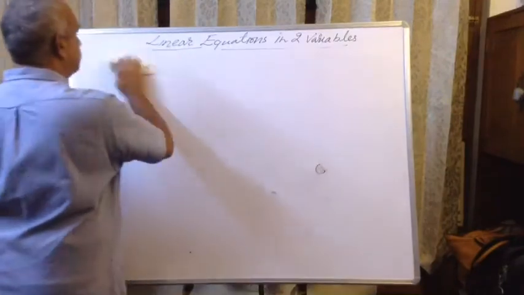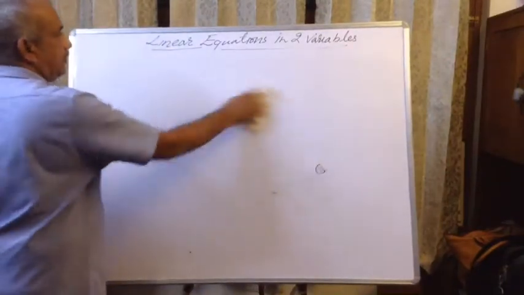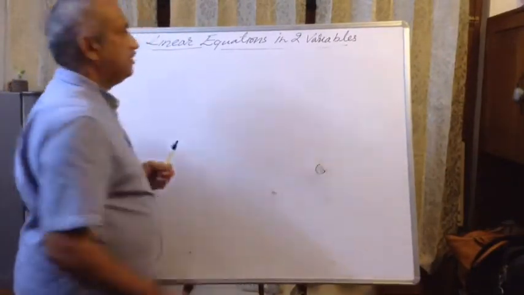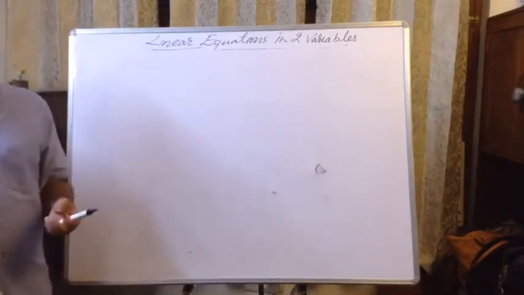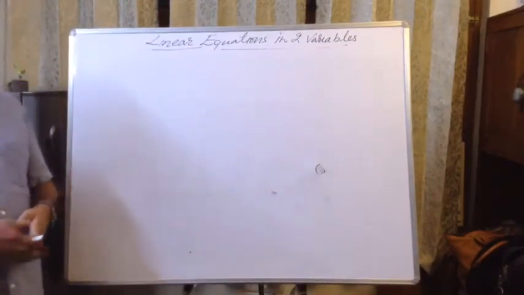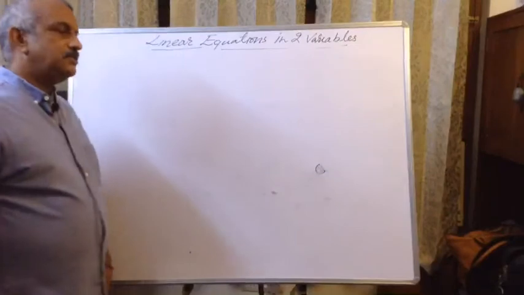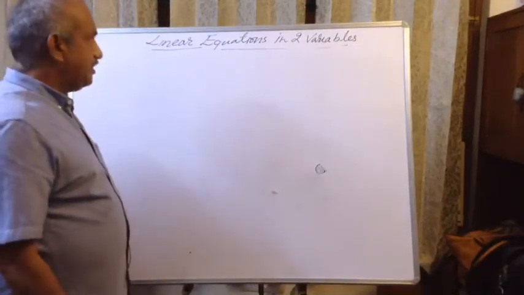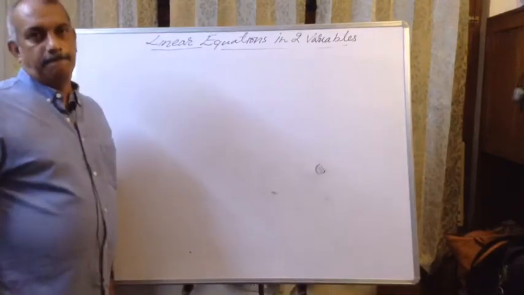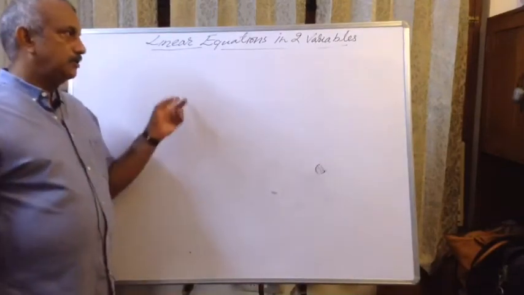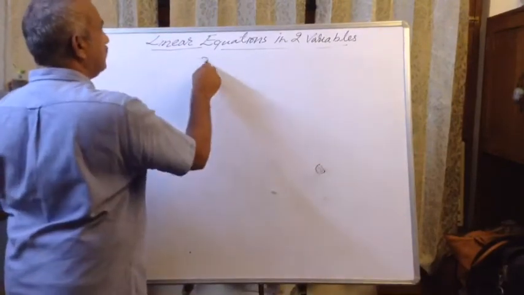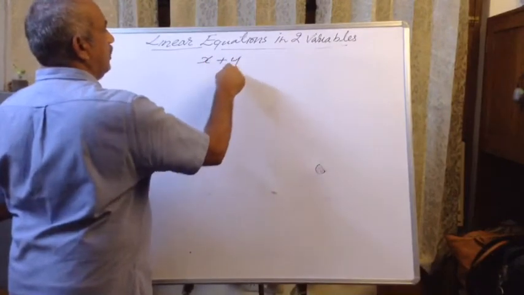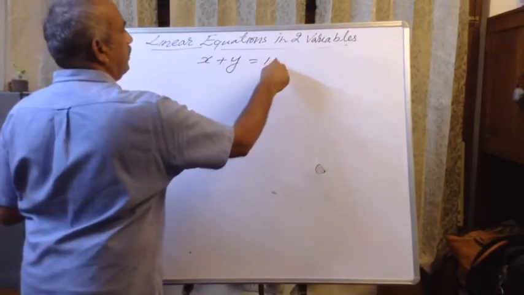Now next one is the graph. We can see one reason for calling these linear equations: when we draw the graph of linear equations in two variables, we always get a straight line. Take x plus y is equal to 10.